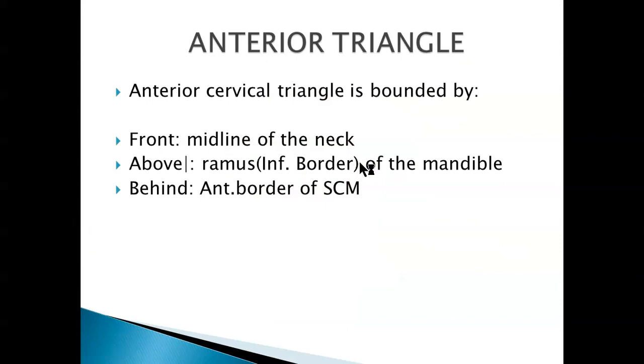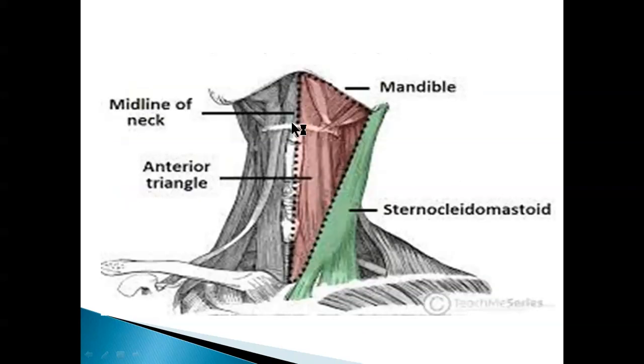Now, the anterior triangle, as we have mentioned already, is bounded by the midline of the neck, the inferior boundary of the mandible, and the anterior boundary of SCM. Yeah, very basics. Here we have the anterior triangle over here. This is your sternocleidomastoid.